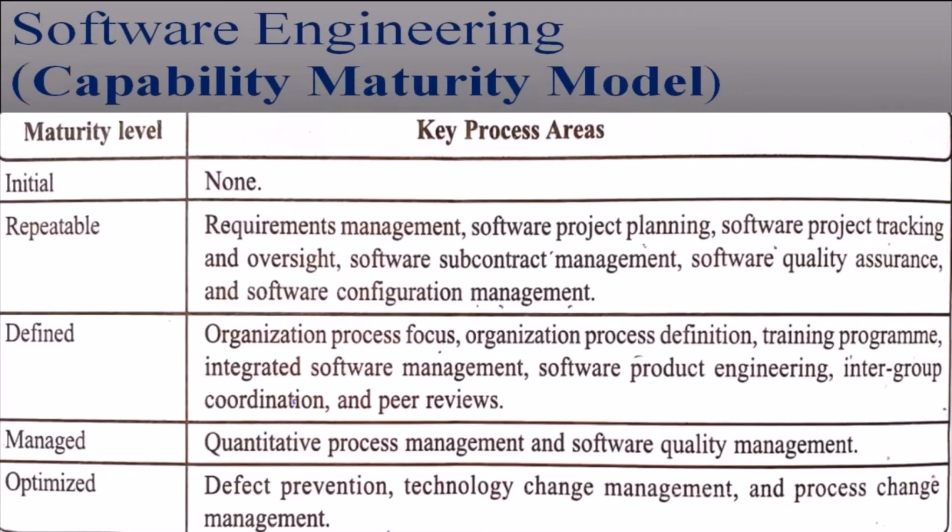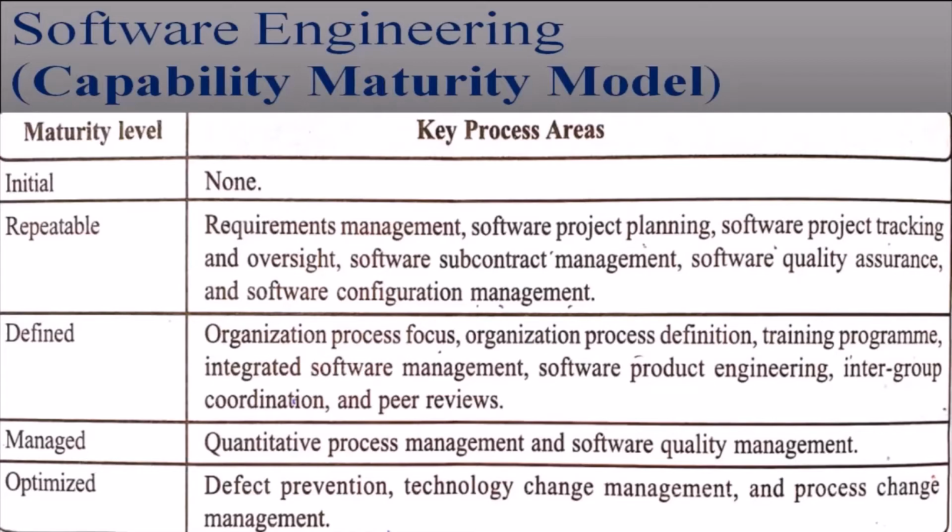This figure, or this table, shows the different key process areas associated with the different maturity levels. The initial maturity level has no key process area. Next is the repeatable maturity level, and the key process areas associated with it are requirement management, software project management, software project tracking, software subcontract management, software quality assurance and software configuration management. Next maturity level is the defined level.